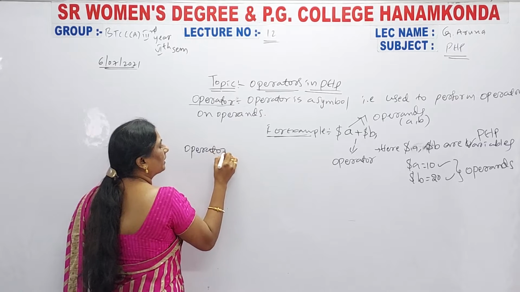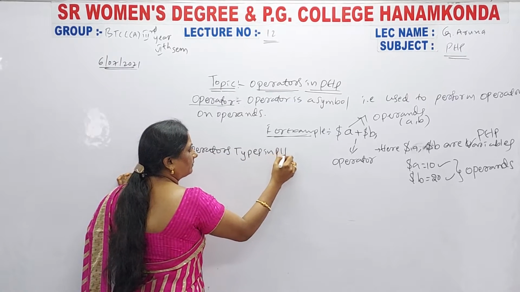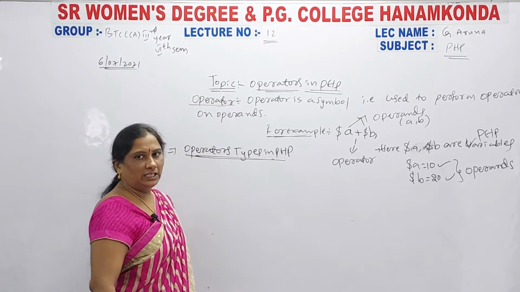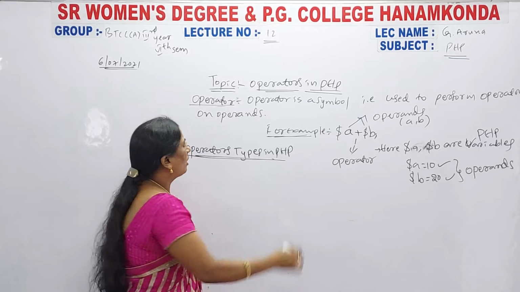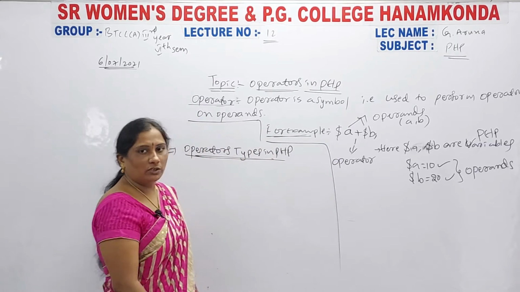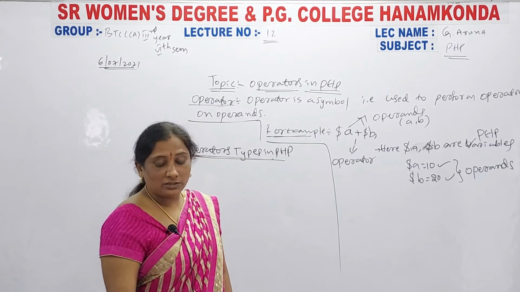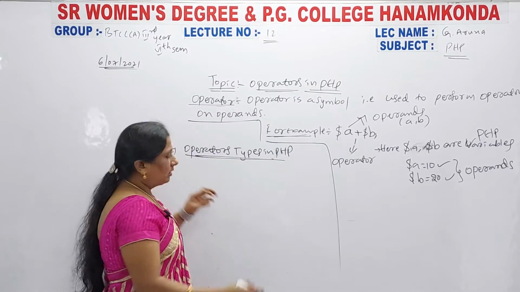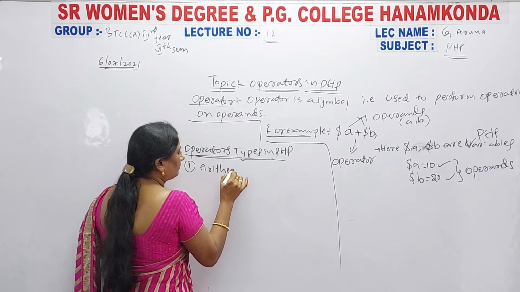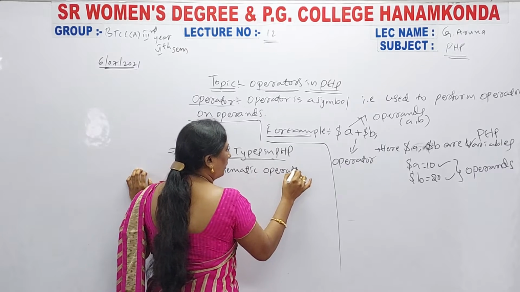Then operator types. What operators are there in PHP? Different operators are there. First is arithmetic operators.